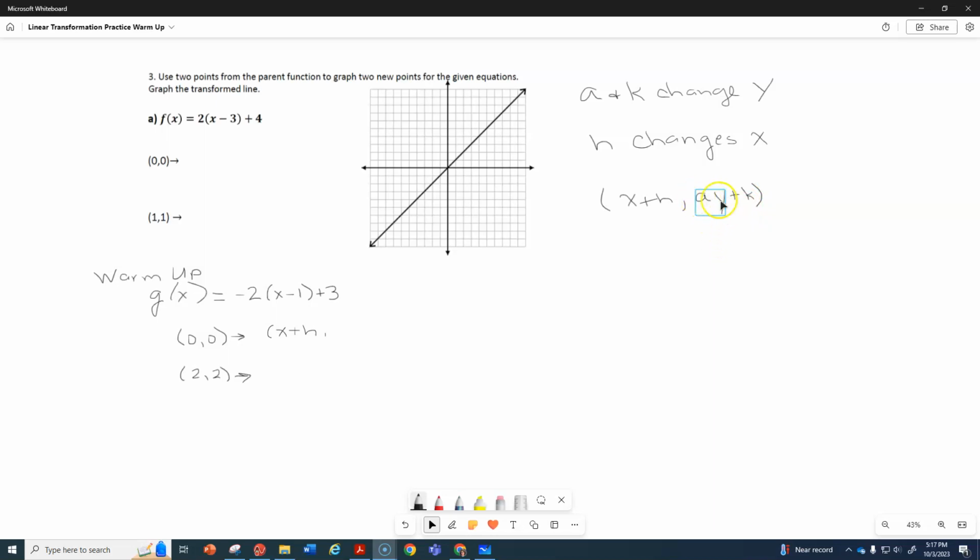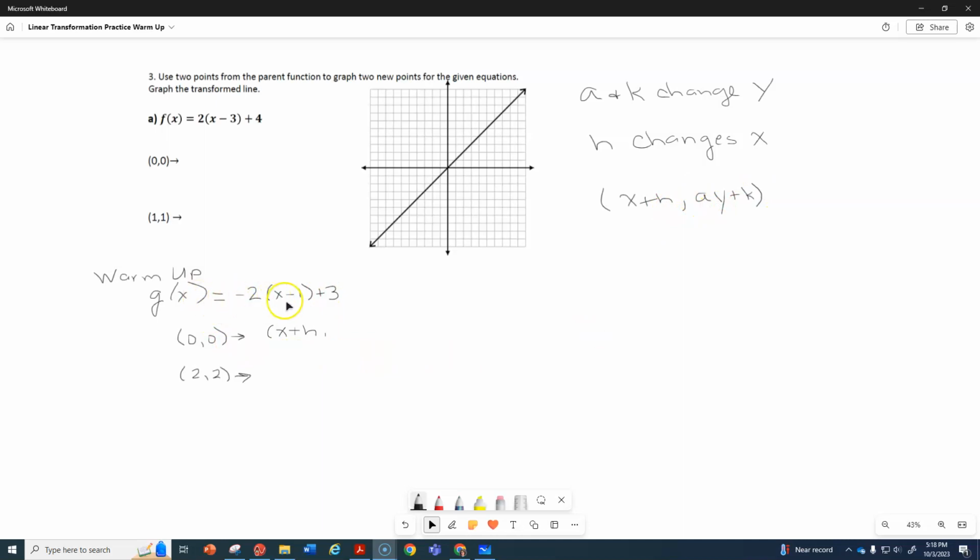And then the stretch is a multiplier. So all you need to figure out where the point 0, 0 is going to end up is the X value and the Y value they give you, which means your X value is 0 and your Y value is 0. You also need the values of A, H, and K.